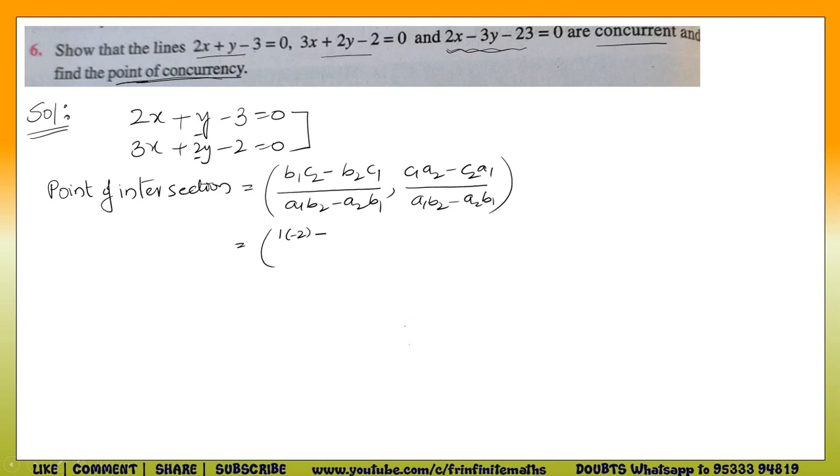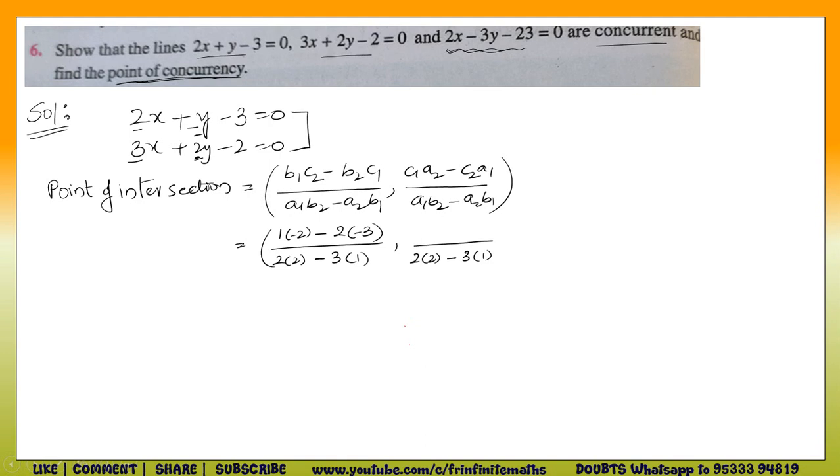So B2 is 2 into C1 is minus 3, so 2 into minus 3, divided by A1 B2 minus A2 B1. So A1 B2, 2 into 2 minus A2 B1. So this is A2 and this is B1. The same way here also we are going to get the same denominator. So 2 into 2 minus 3 into 1.